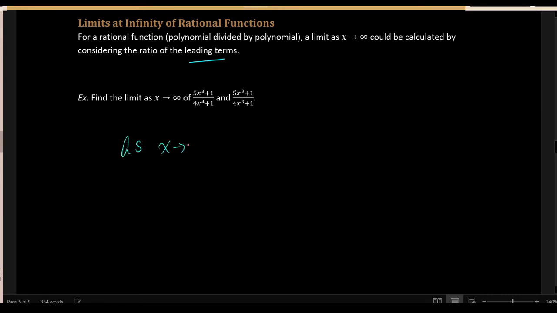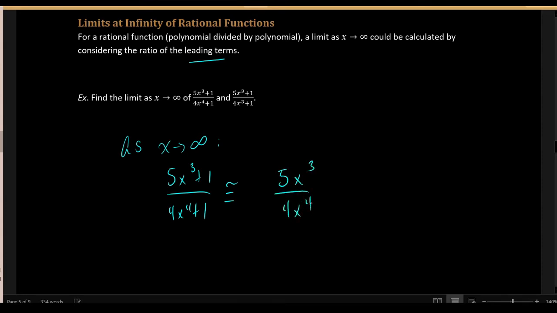So as x goes to infinity, this first fraction, for example, is completely controlled by the behavior of the leading term 5x cubed over 4x to the fourth power. When x is really large, the plus 1 doesn't have much impact. So this can be simplified to 5 over 4x to the first power, which goes to 0 as x goes to infinity.